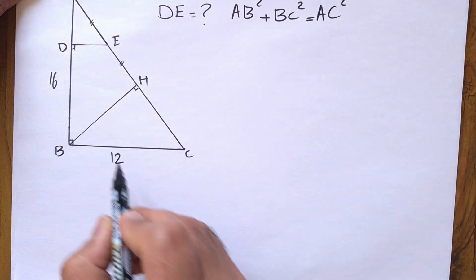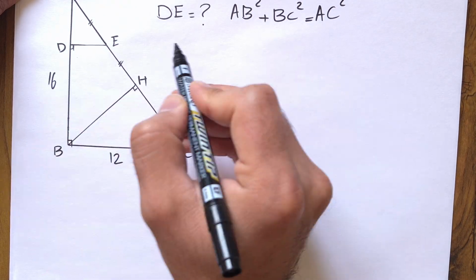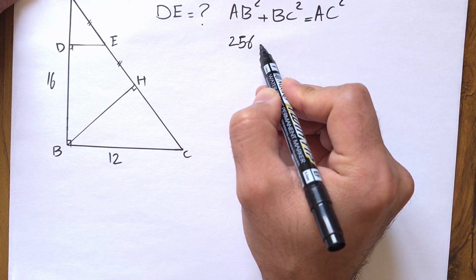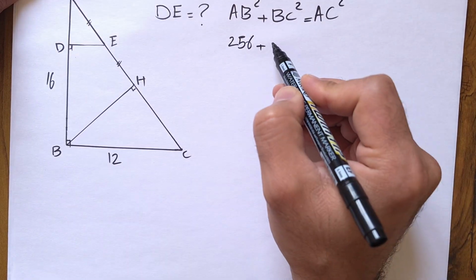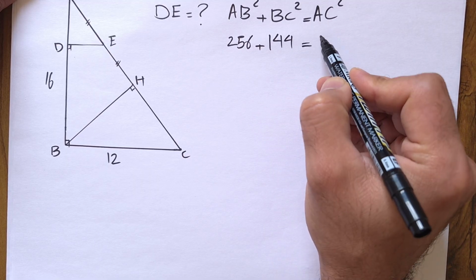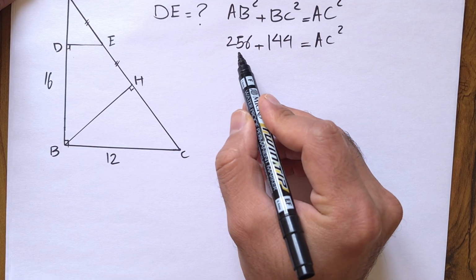So we have AB and BC, the legs here. AB squared, 16 squared is 256, plus 12 squared is 144, equals AC squared. So these two become 400, right?